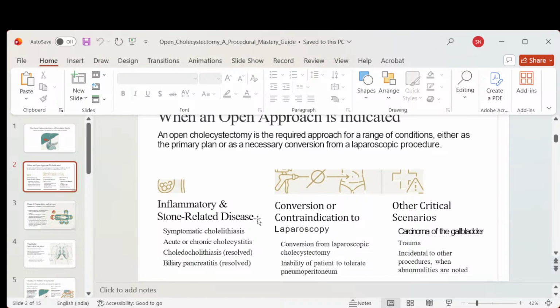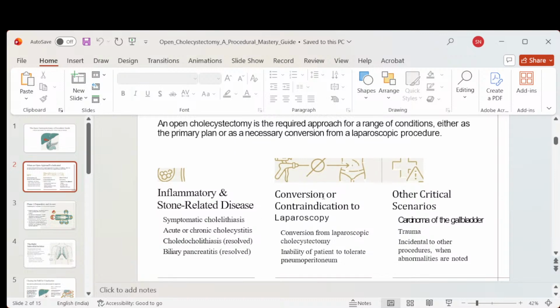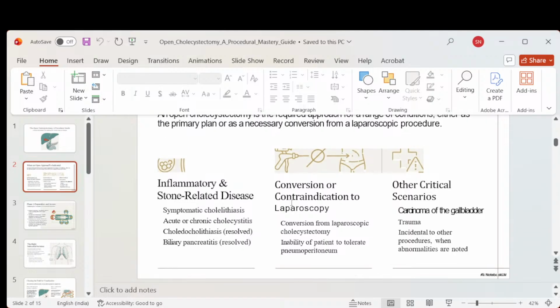So, when a patient has been taken for the laparoscopic method and the procedure becomes difficult in the laparoscopy, it is converted into open. So, conversion or contraindication to laparoscopy. The conversion of laparoscopic method to open method is more common nowadays.